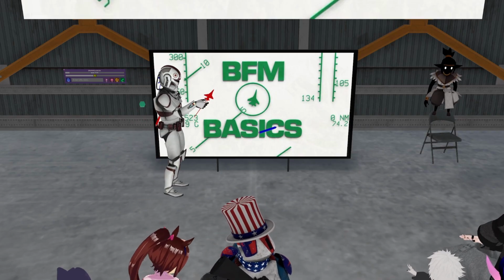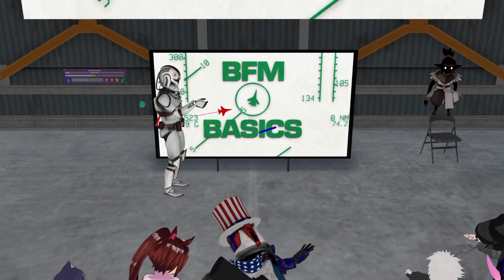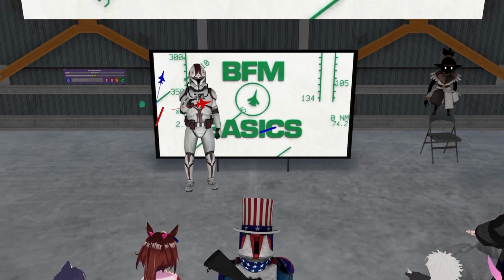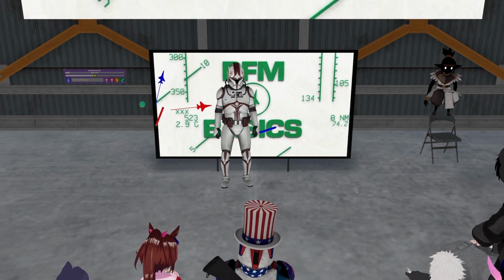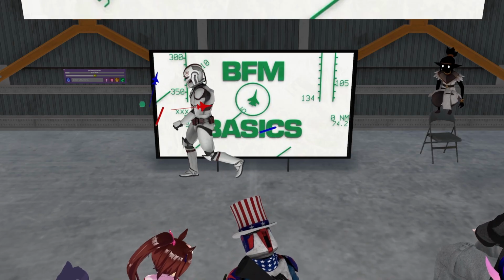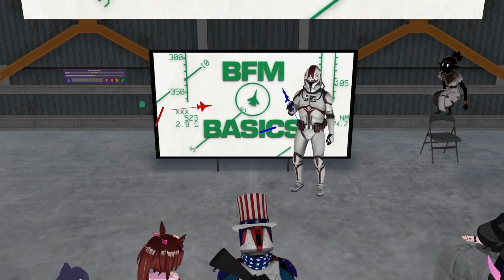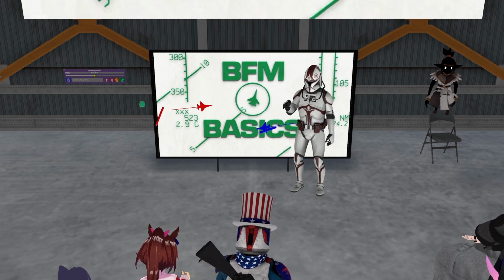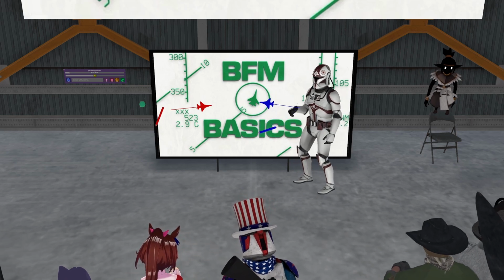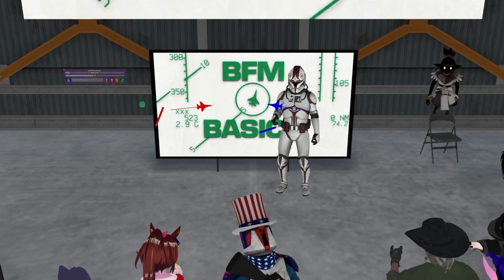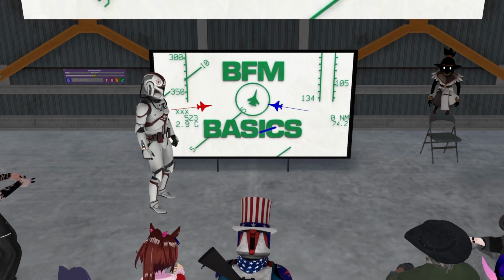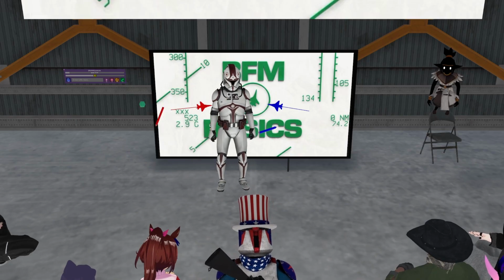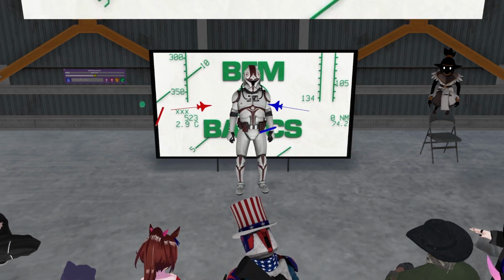So if we've got this plane right here flying this way, and this plane right here, and they're both pointing at each other just like this, yes their direction's different, but we're mainly looking at the difference in their noses. So when they're nose to nose like this, are they a high aspect or low aspect to each other?